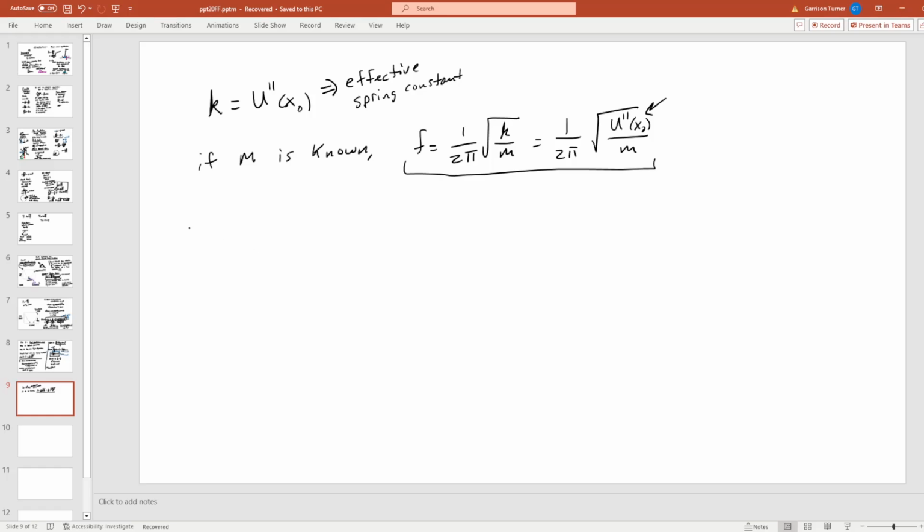So, in our example, U of x is 2 joules times cos of 0.5x. If the mass of the particle is, I don't know, let's say half a kilogram.